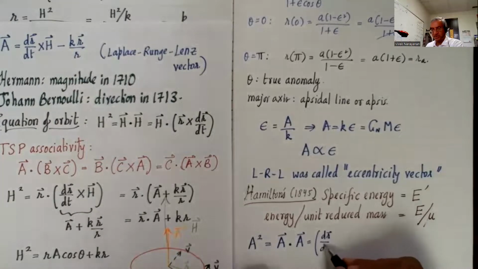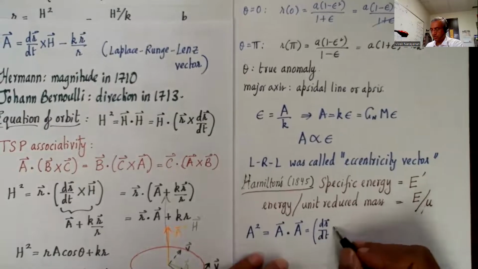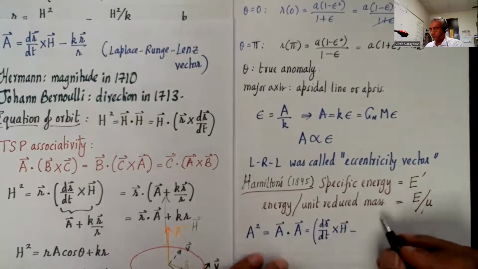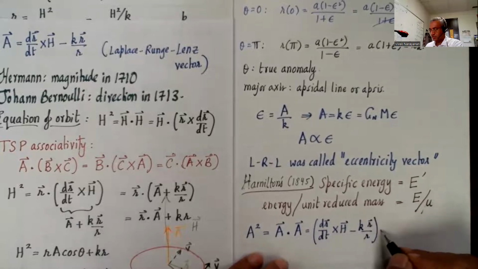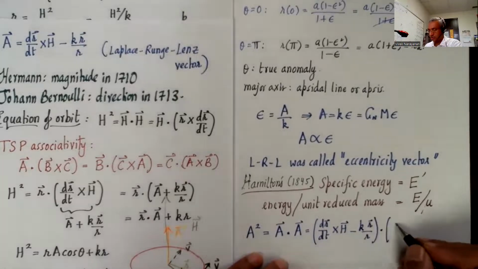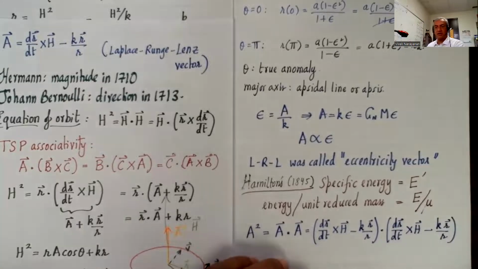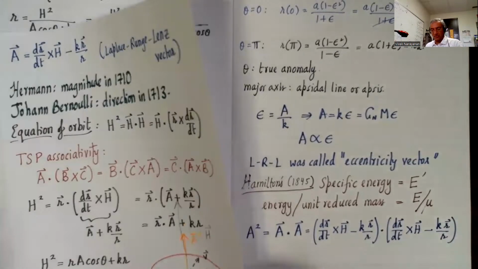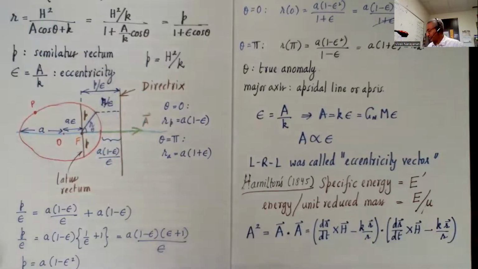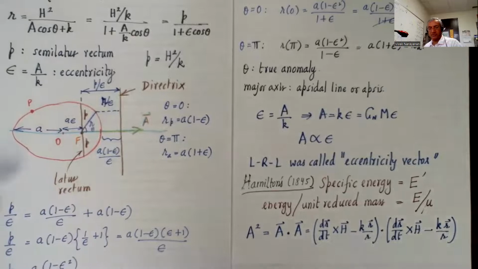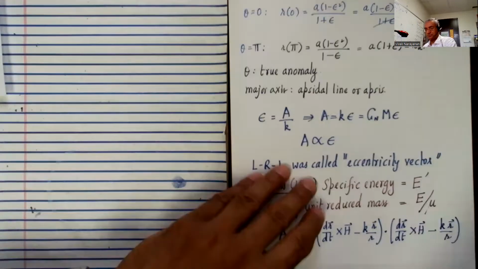So it's (dr by dt cross H) minus K R over R, dotted with the same thing. This is not as horrible as it looks. In fact, the computation will turn out to be pretty straightforward, actually. So let's proceed to do it.